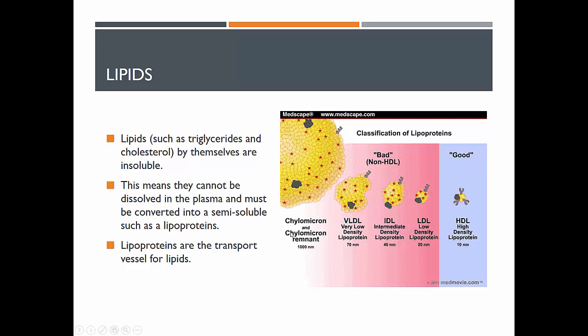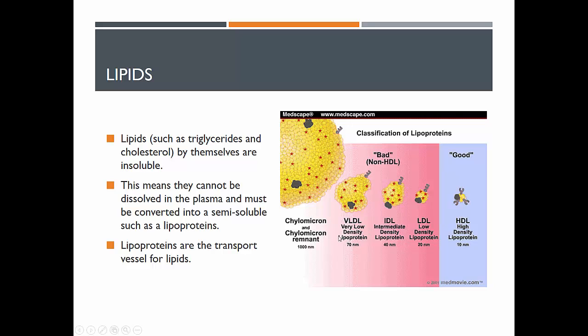Now, this diagram over here is not meant to confuse you. It's just meant to show you that there are a bunch of different types of lipoproteins, depending on the amount of lipid to protein. If you've got more lipid, you have these big molecules over here called chylomicrons, and they are not particularly good.